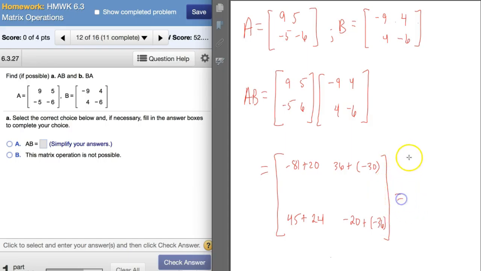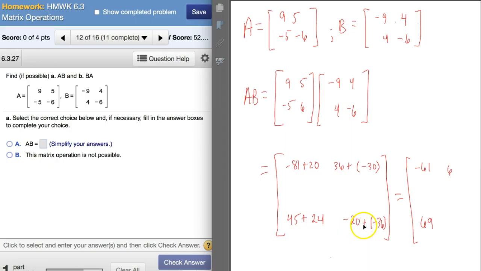And now all we need to do is add everything up, and we'll have our answer here. So negative 81 minus 20, that's a negative 61. 36 plus a negative 30 is a positive 6. 45 plus 24 is going to give us 69.